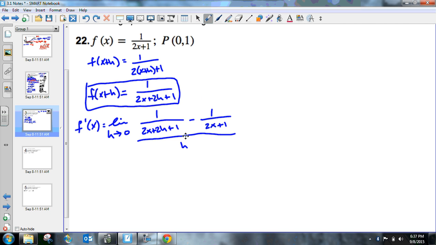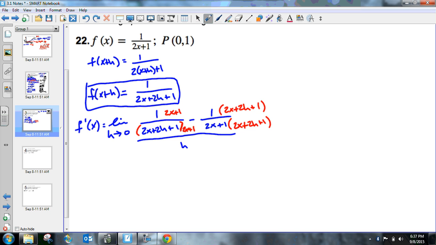So what I'm going to do is multiply. I need to get a common denominator here. So I'm going to multiply this numerator and denominator by 2x plus 1, and this by 2x plus 1, and then I'm going to multiply this function by this denominator, making sure I keep my quantity here of 2x plus 2h plus 1, and then 2x plus 2h plus 1.